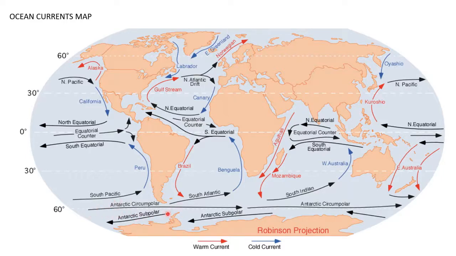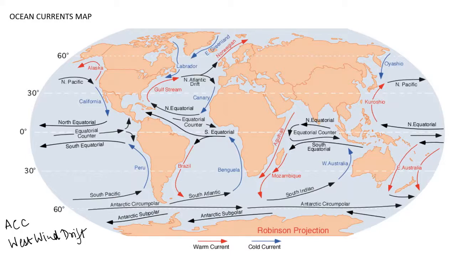If you can see over here, this current, the Antarctic Circumpolar current, also known as ACC or West Wind Drift. It is a current which encircles the entire Antarctic continent.